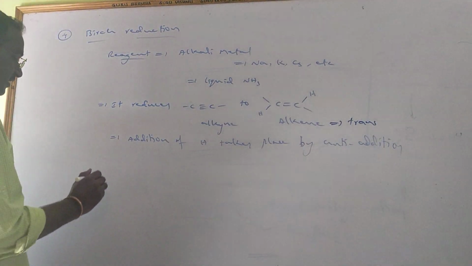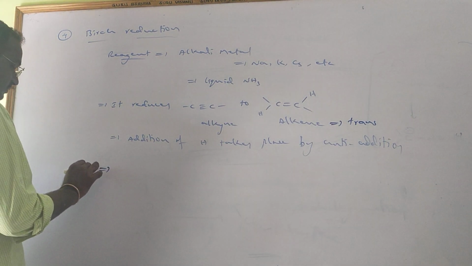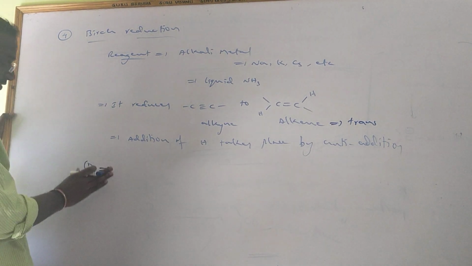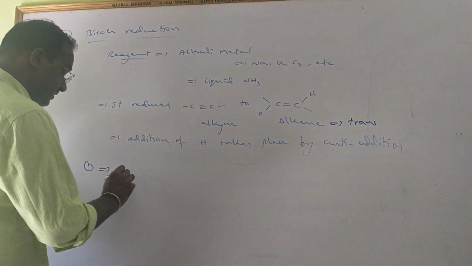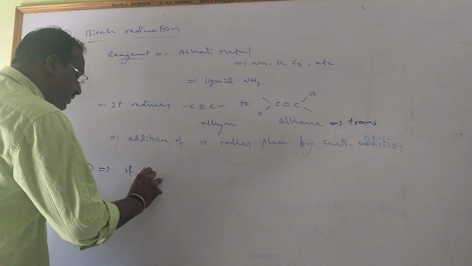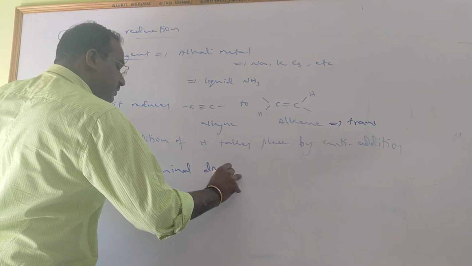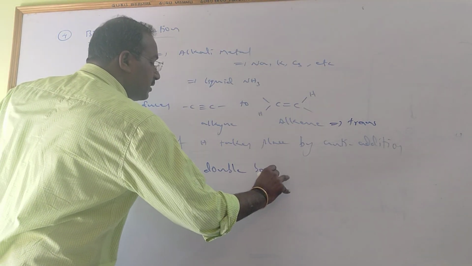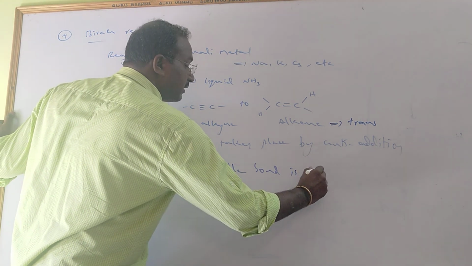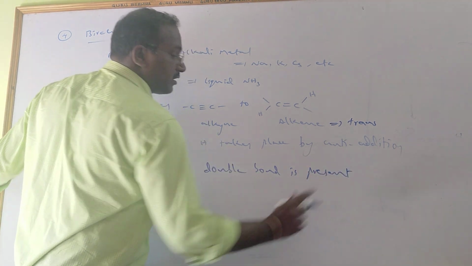And one more point, one more variation. The first variation is if a terminal double bond is present in the given organic compound.